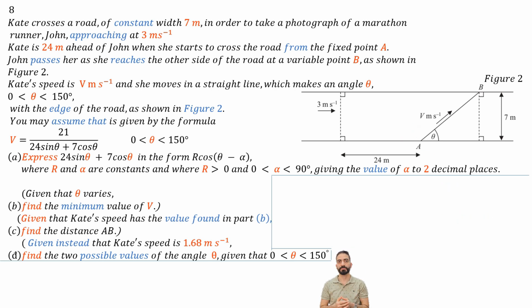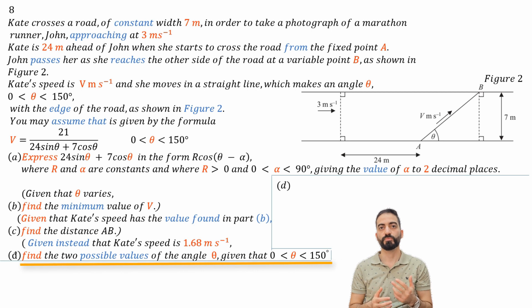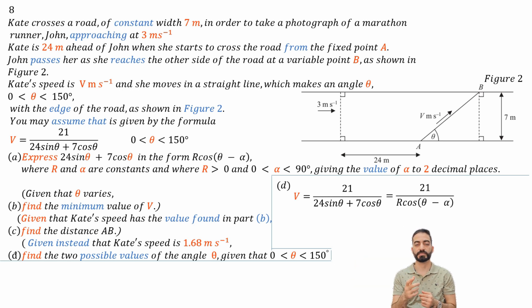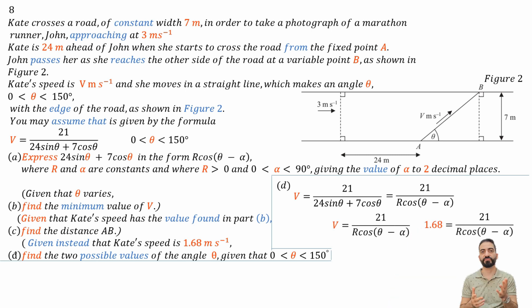We now move to part D. Given instead that Kate's speed is 1.68, find the two possible values of the angle theta, given that theta is between 0 and 150 degrees. As long as we have the answer for speed, we can take advantage of that and use this and put the answer for v, which is 1.68, and also put the value obtained before, r equals 25.